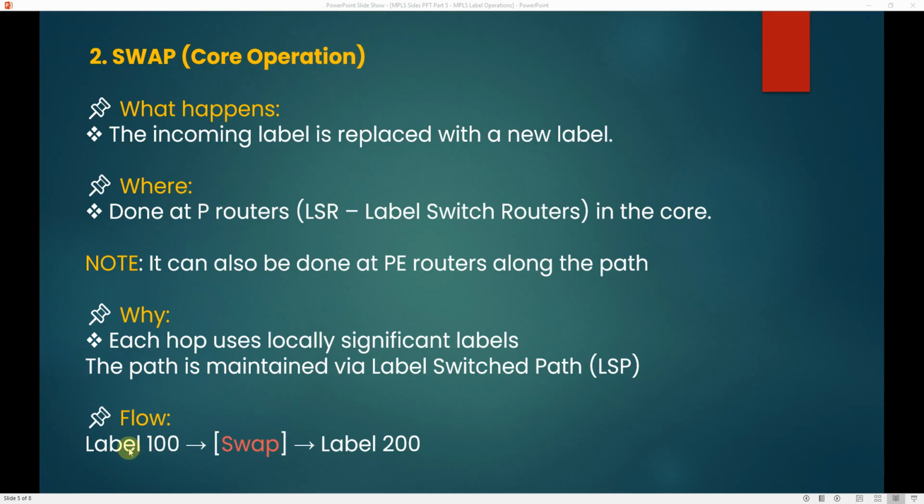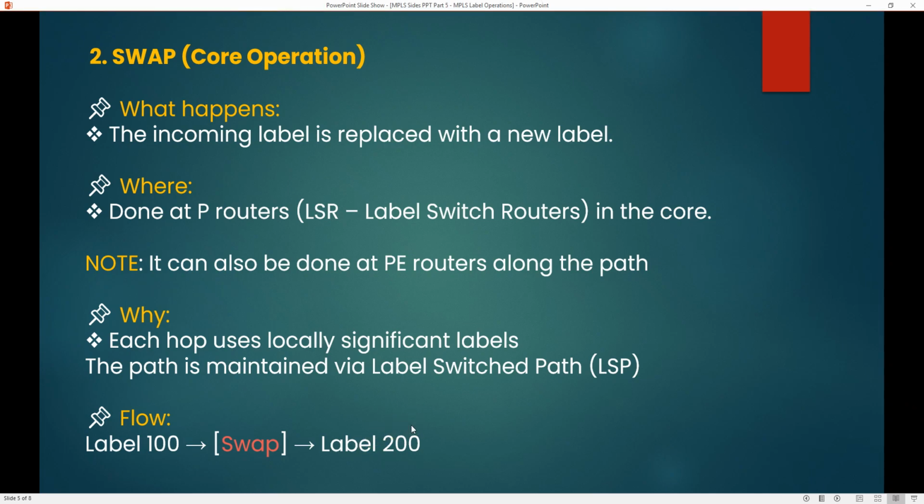So what happens is a label comes in as 100. You, as the P router or the LSR, look up your LFIB and find that 100 is your local label. So you have to swap it with the outgoing or remote label that has been advertised to you by your MPLS LDP peer.